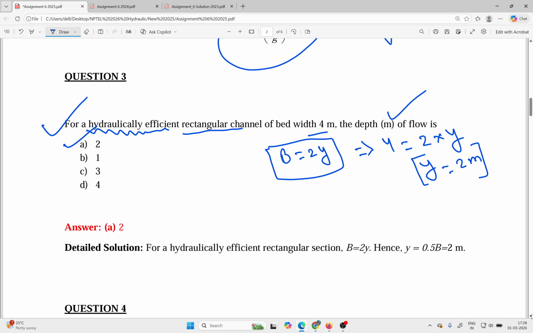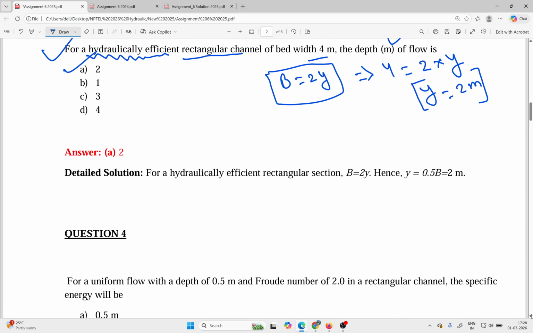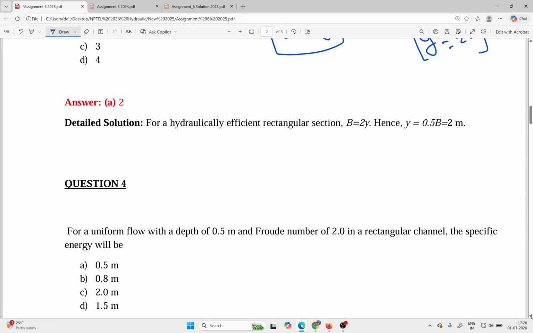Next is question number 4. Very easy question. For a uniform flow with a depth of 0.5 meter and Froude number 2 in a rectangular channel, the specific energy will be: option A 0.5 meter, option B 0.8 meter, option C 2 meter, and option D 1.5 meter.